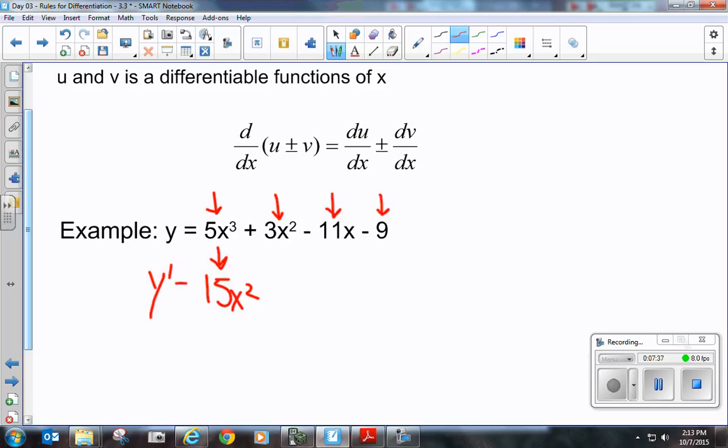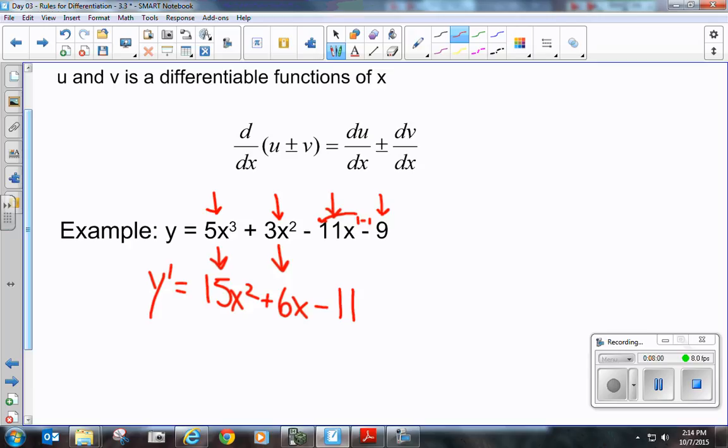Don't forget that's y prime, right? Plus, Ava, what's the derivative of 3x squared? 6x. Minus, Alex, what's the derivative of 11x? 11. It's 11, because don't forget, this is a 1. 1 times 11 is 11, and then we can subtract 1 from that. I got 0 x's left.